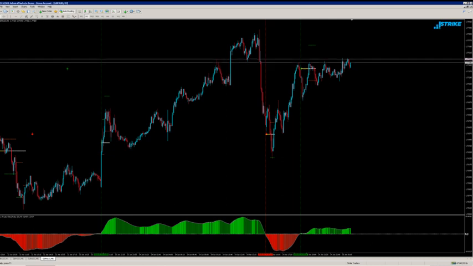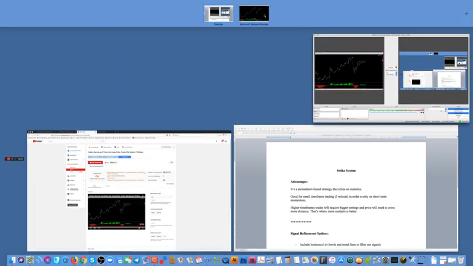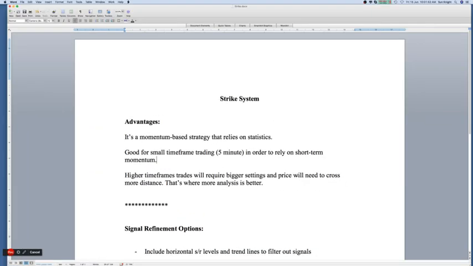So basically the Strike Trader Elite system, as you see it here on the screen. I'll just switch you over quickly on my screen so you can see this better. Basically, the strike system is what I would call a momentum-based strategy.